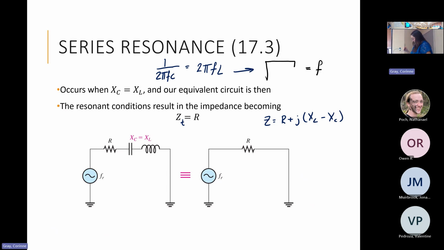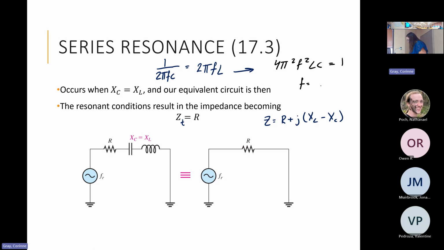Move the denominator over to the other side, so you get f squared, and then divide everything else. So you'll have 4 pi squared f squared LC equals 1, or frequency is equal to this.